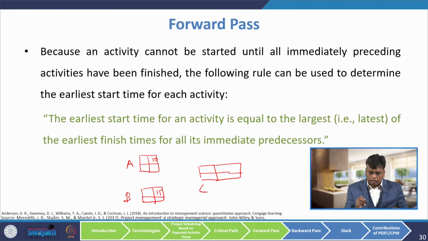That is, the earliest start time of an activity is equal to the largest of the earliest finishing time of all its immediate predecessors. If 10 and 15 are there, then 15 will be the earliest start time, because out of 10 and 15, 15 is the largest. So, that is the logic of this forward pass.